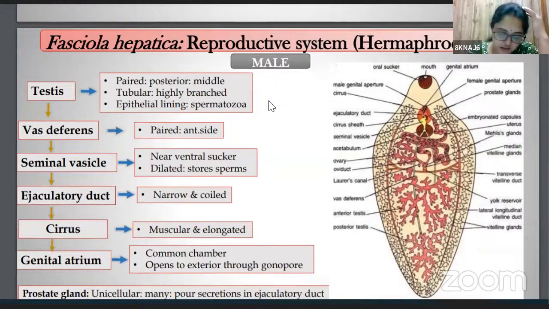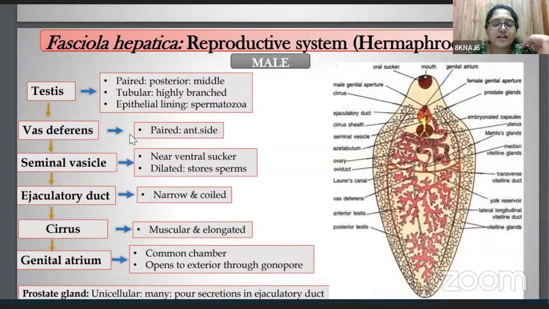So the male reproductive system includes the testes, which are paired and tubular in nature, with a highly branched epithelial lining, and they have the spermatozoa in them. So this includes the testes, the vasa deferentia or the vas deferens, the seminal vesicle.